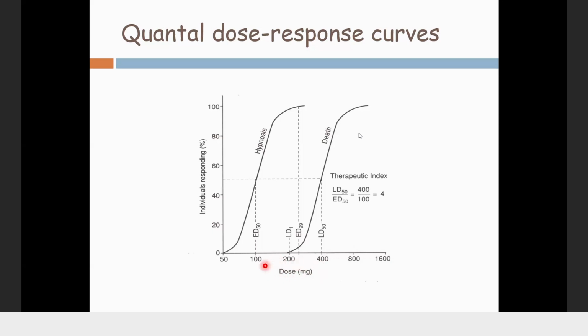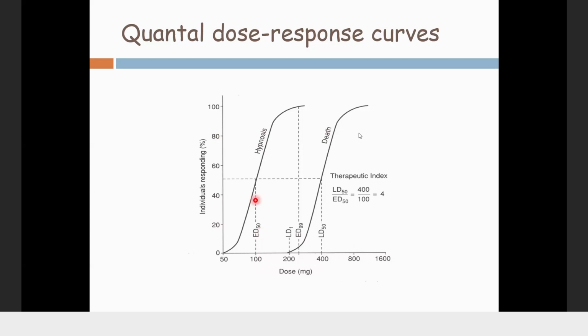From this graph, we are able to calculate the therapeutic index. How? We must know the LD50 value and the ED50 value for this particular response, hypnosis. The dose at which 50% of the individuals respond to hypnosis is 100 milligram.